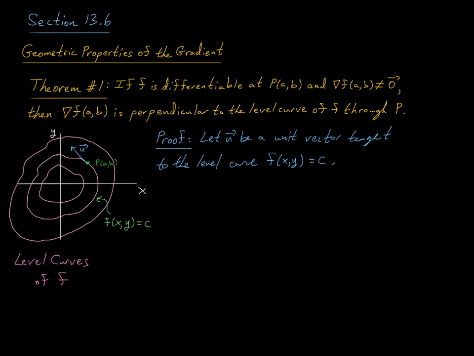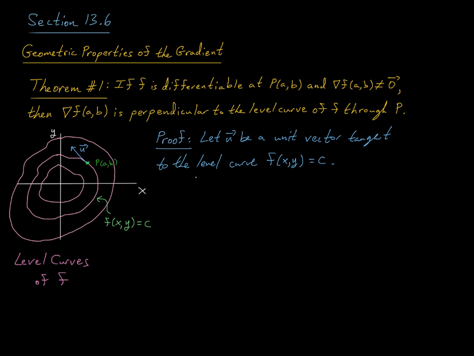As I just said, if I walk along this path, this level curve, I'm not going to change my altitude at all. So if I was at the point P and I decided, okay, I'm going to walk in the direction of u, then at least on an infinitesimal level, I'm going to stay on this path. And so my altitude will not change.